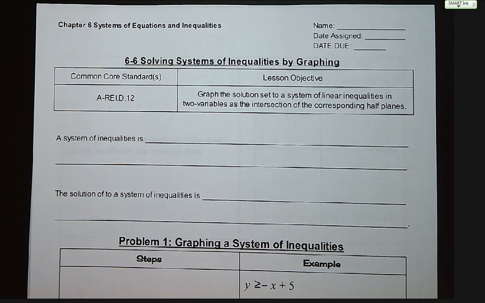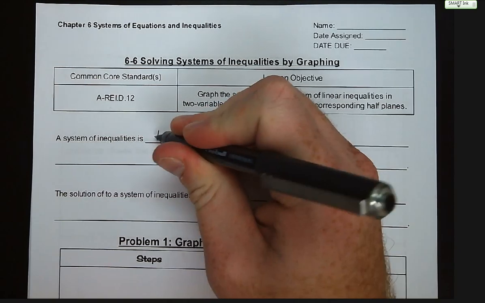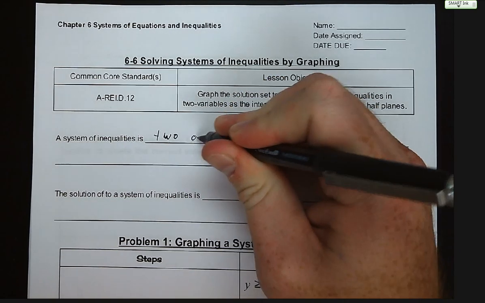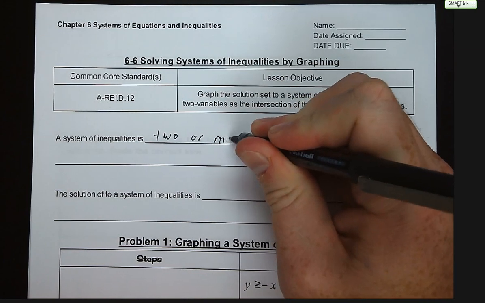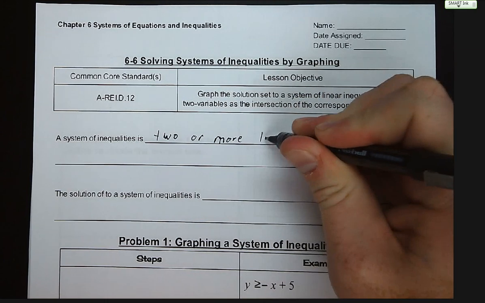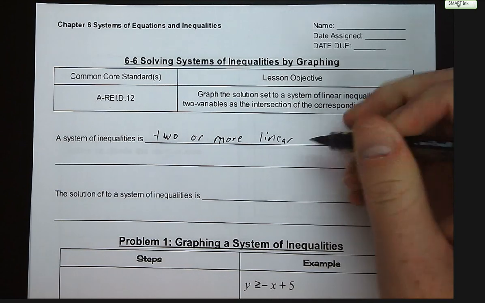All right, so a system of inequalities is two or more linear inequalities relating the same variables.